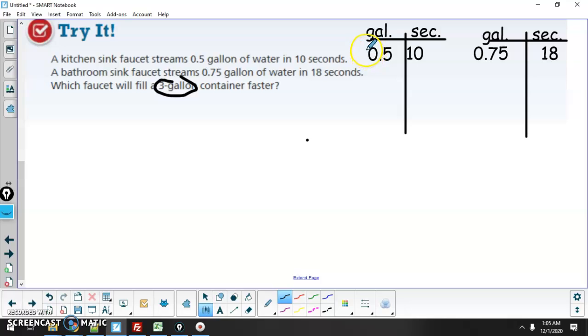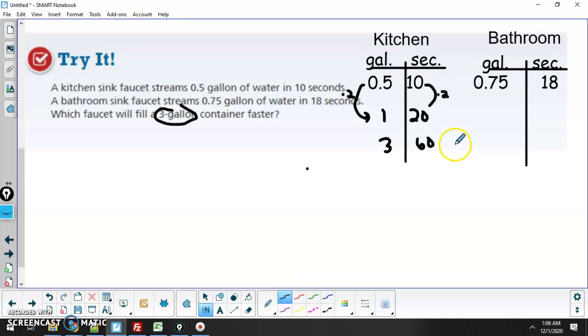So like the first one, which is a half, if we multiply this times 2, that would give you 1 gallon, and times this one by 2, that'd be 1 gallon in 20 seconds, okay? Now, if we want to get up to 3 gallons, we would times it by 3. Okay, we could take 1 gallon in 20 seconds, times it by 3, that would be 3 gallons in 60 seconds. So it takes 60 seconds, this kitchen faucet.